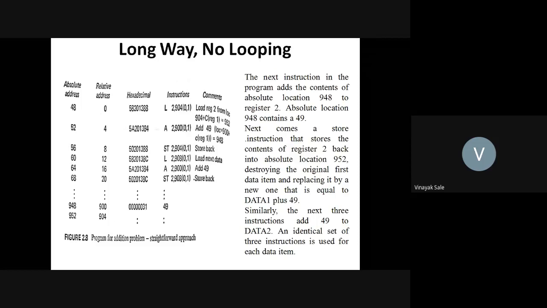So next comes the storage instruction that stores the contents of register 2 back into location 952, destroying the original first data item and replacing it by a new one, which is data 1 plus 49. Similarly, the next three instructions add 49 to data 2. An identical set of three instructions is used for each data item.